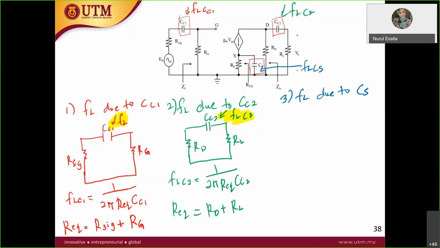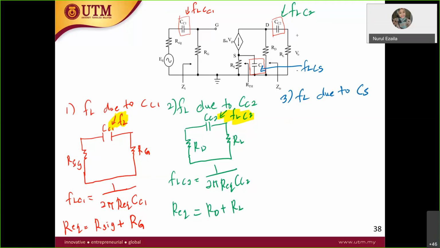So for the FLCS, you actually have to find RTH. This is the same like common emitter. How do you find the RTH over there? Actually, you need to find this one.